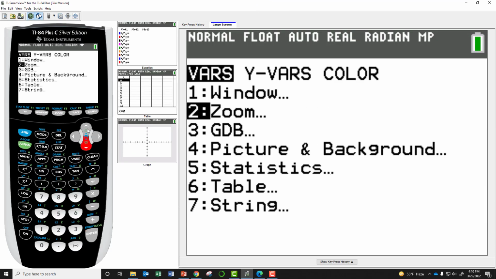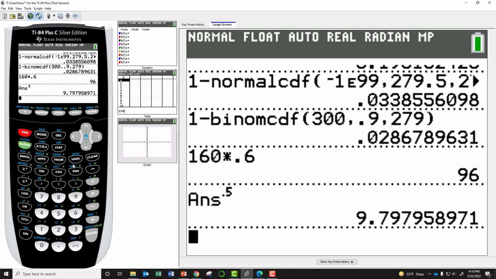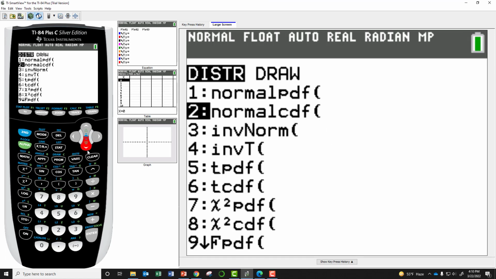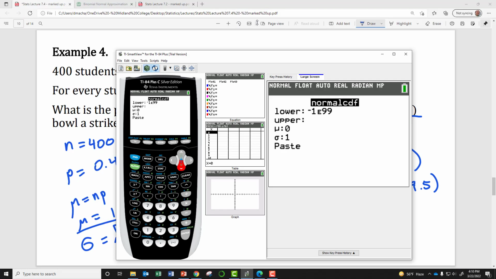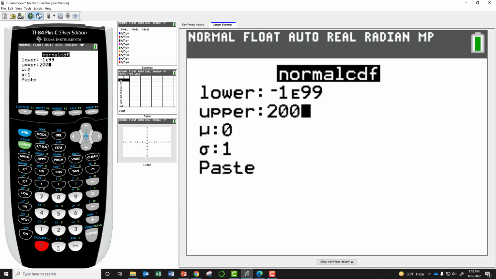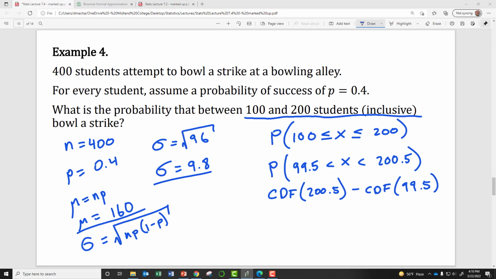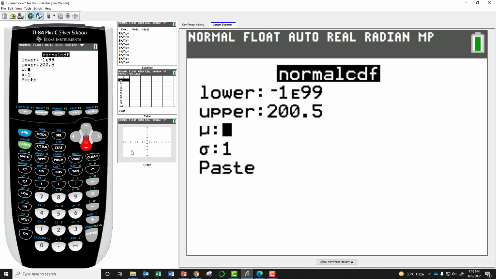So I go to second VARS. Normalcdf is number 2. Where it says upper, that's where I'm going to plug in now 200.5. For my mean, I'm going to put in 160, and for my standard deviation, 9.8.